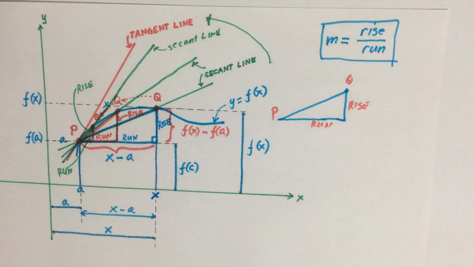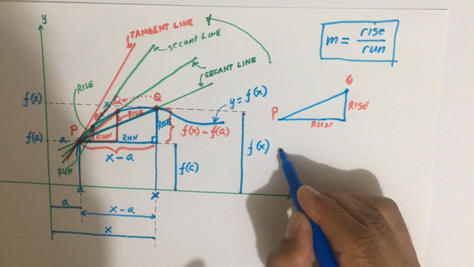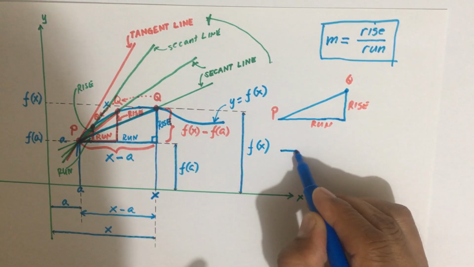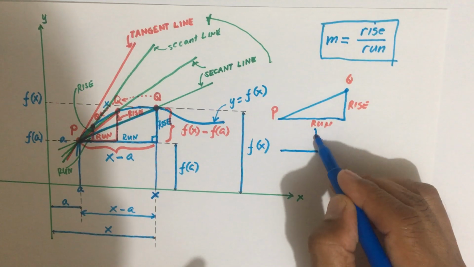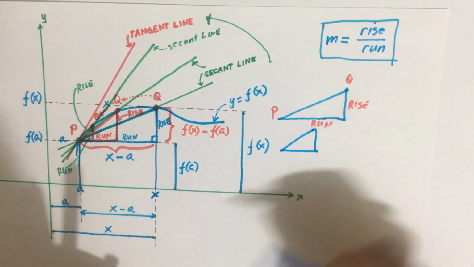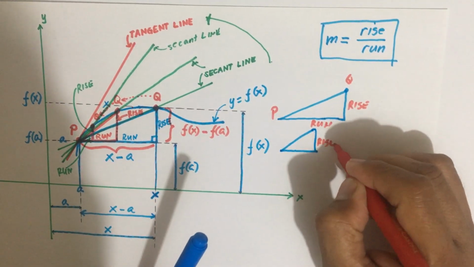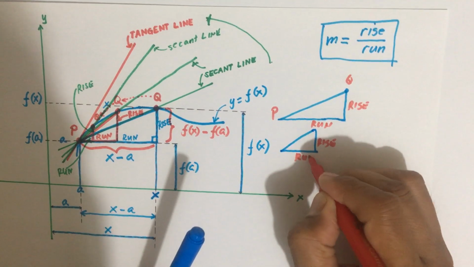Now as Q moves towards P, our next triangle becomes like this, and this is now our new rise, and this is our new run.